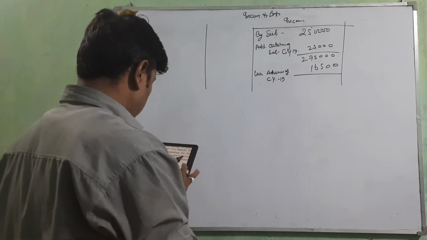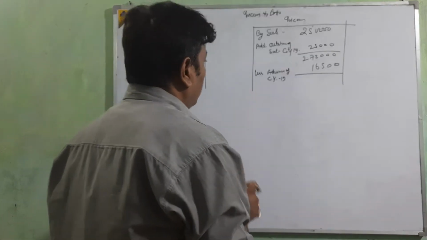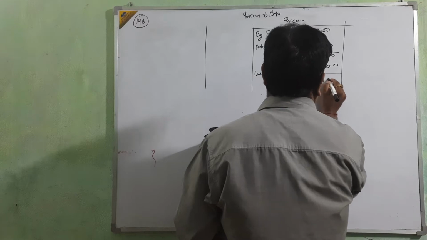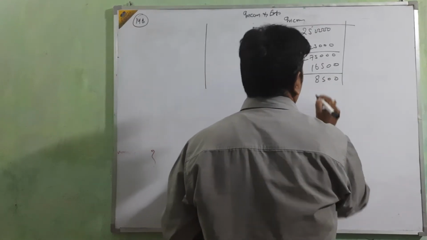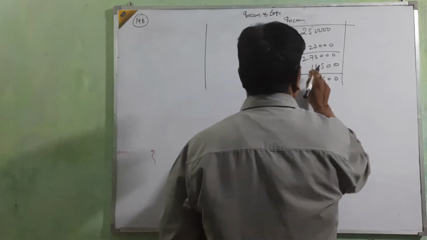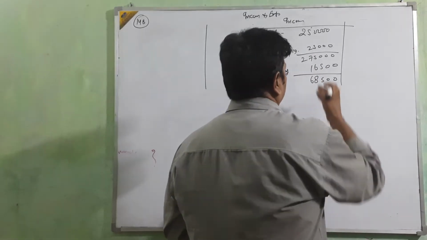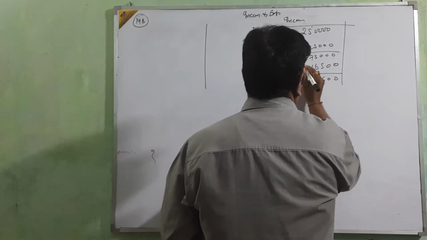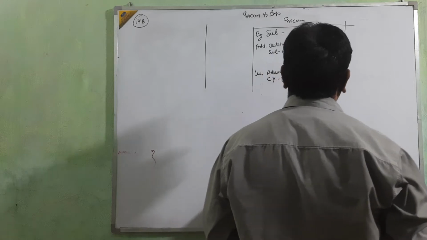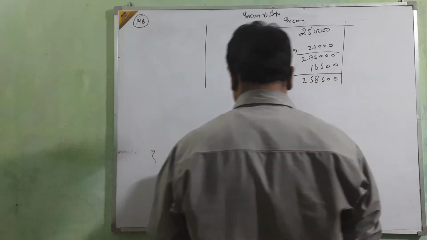Okay, then what amount is going, beta? 2,58,500.